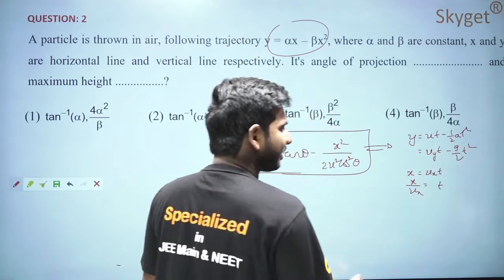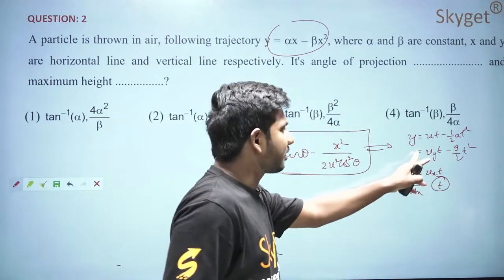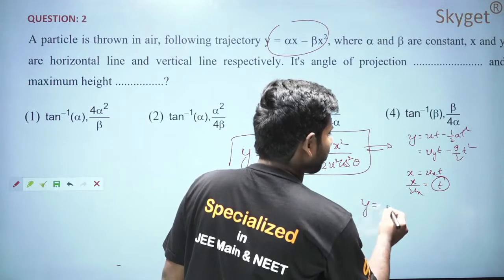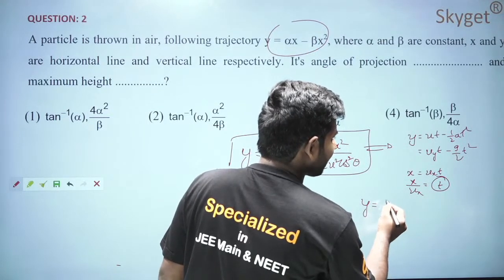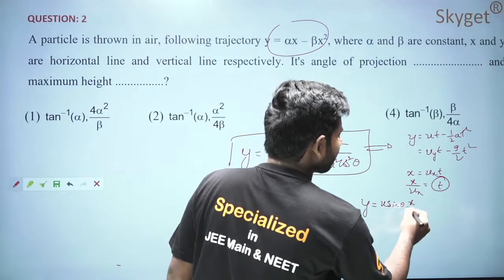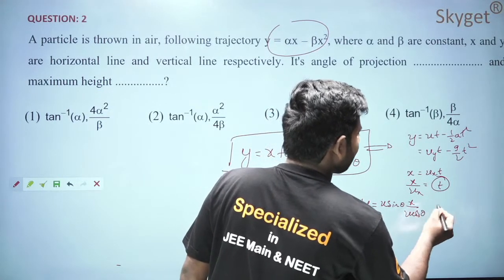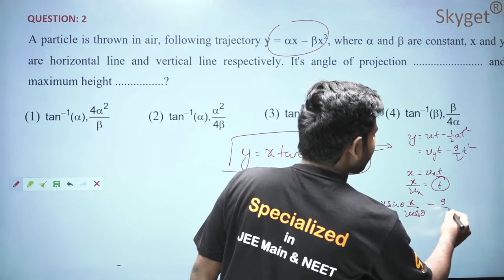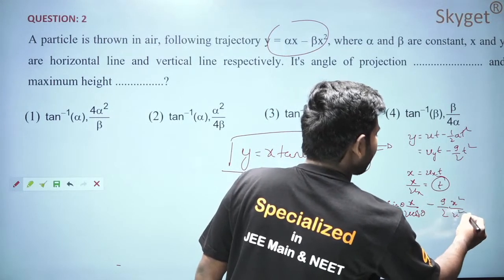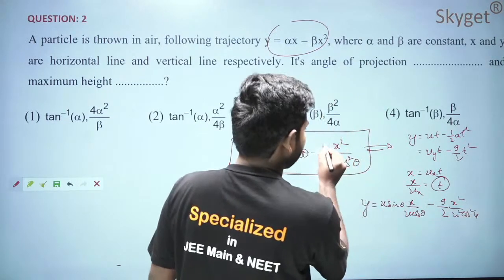You substitute this in, eliminate time from this equation and write it in the form of y and x. So y is equal to u_y, which can be written as u sin theta, into t which is x by u cos theta, minus g by 2 into t square, which is x square by u square cos square theta.